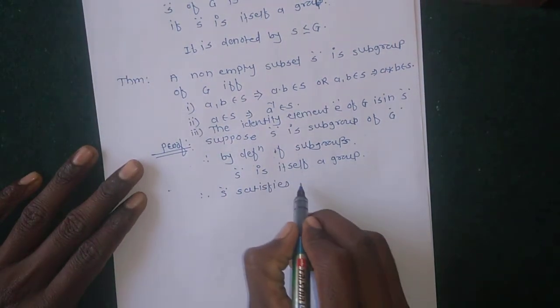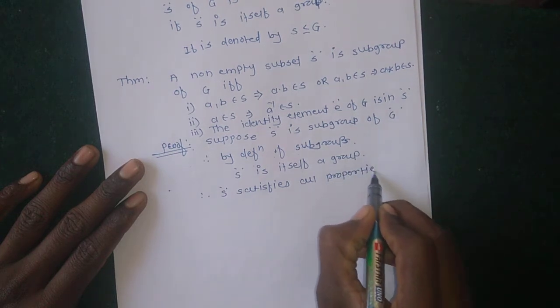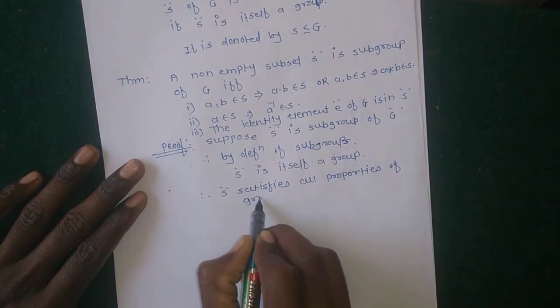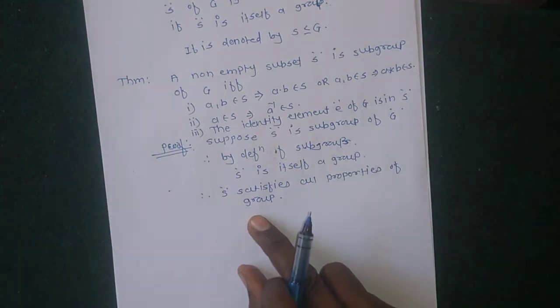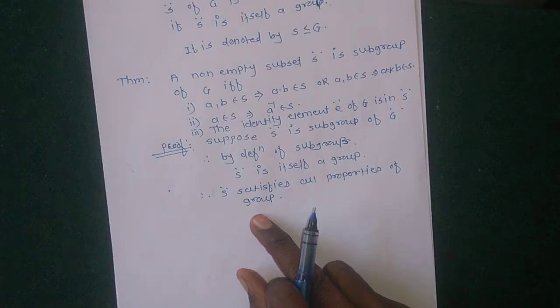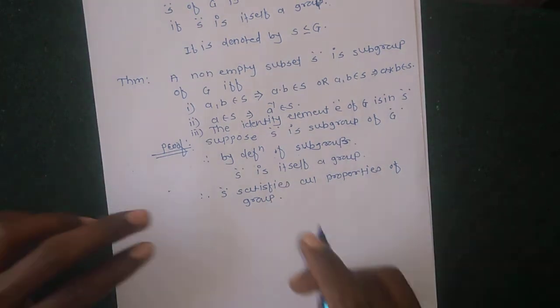S satisfies all properties of a group. S is itself a group means S satisfies four conditions, all four properties: closure, associative, and existence of identity and inverse element. Okay, these four conditions are satisfied.